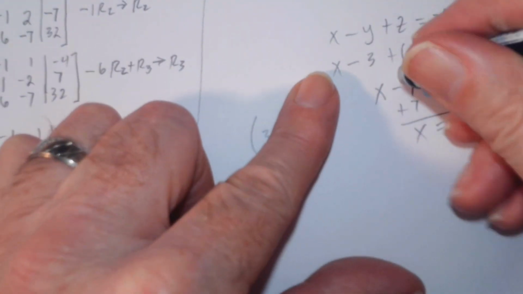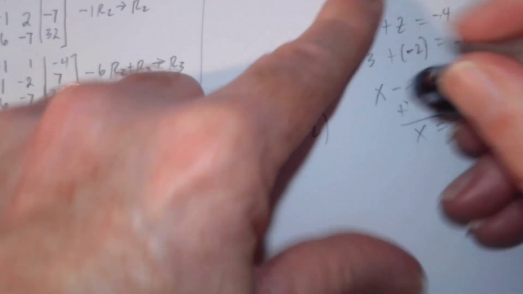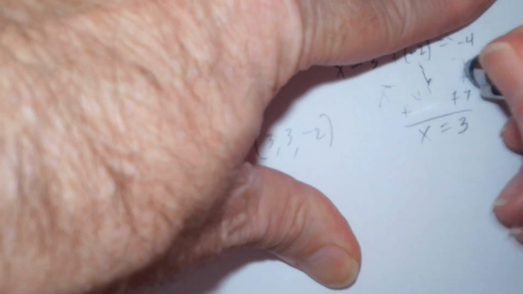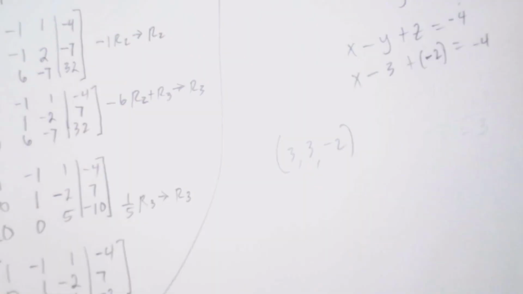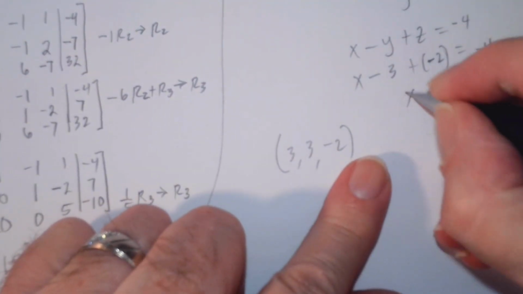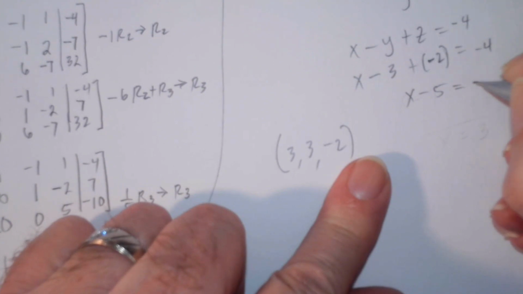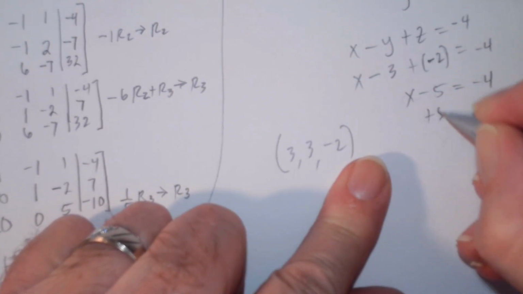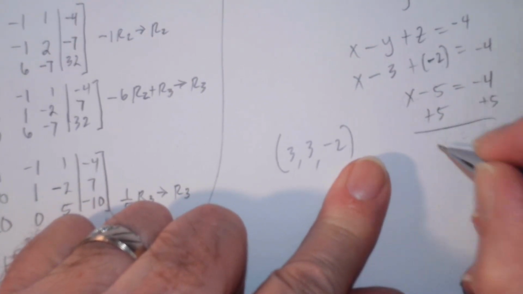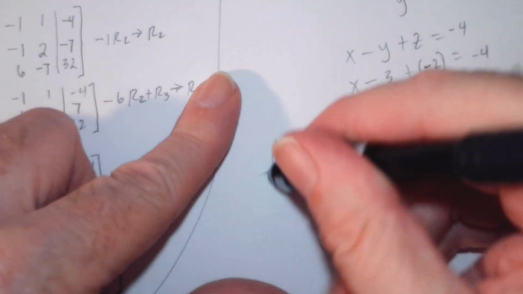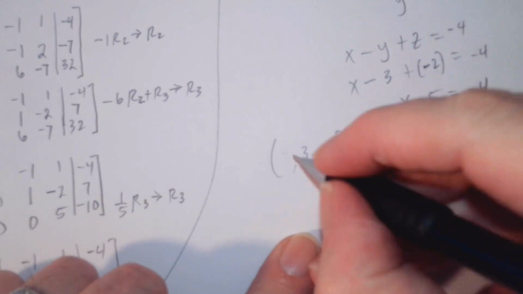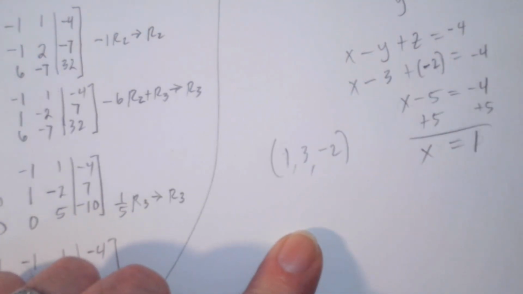So this would be x minus 5. Let me just erase this. So x minus 5 is -4. We'll add 5 to both sides, and we get x is 1. And so our final solution is the point 1, 3, -2.